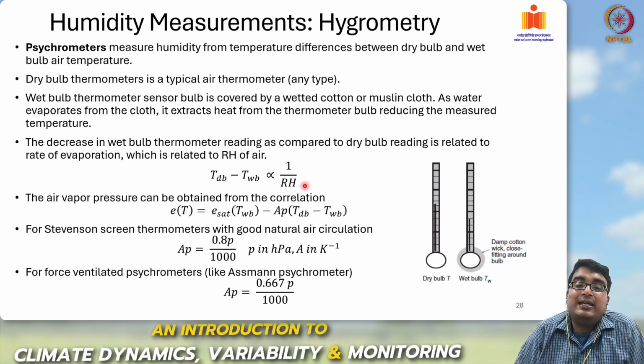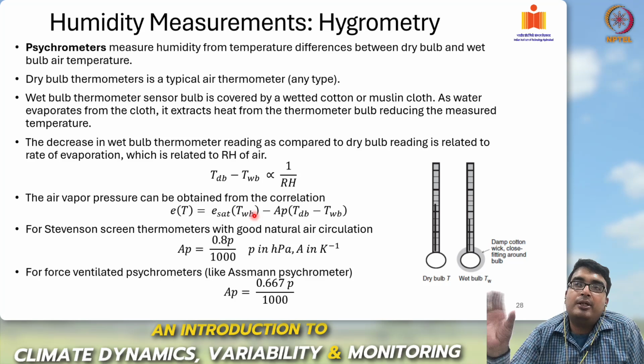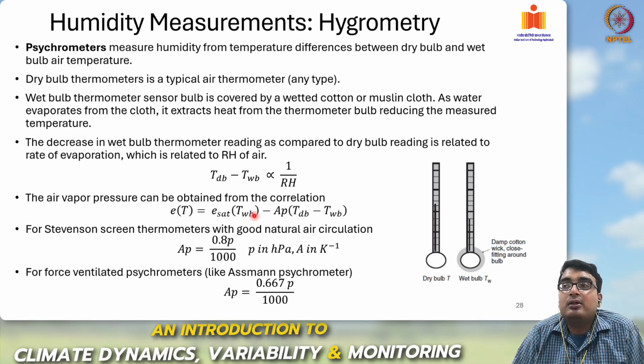In general, we can arrive at a correlation that relates the vapor pressure of air at the given temperature T to the saturation vapor pressure at the measured wet bulb temperature value of air. So, the wet bulb thermometer will measure a certain air temperature, and we take the saturation vapor pressure at that wet bulb temperature using the Clausius-Clapeyron relation, which we discussed much earlier when we were discussing relative humidity and humidity measures in class.